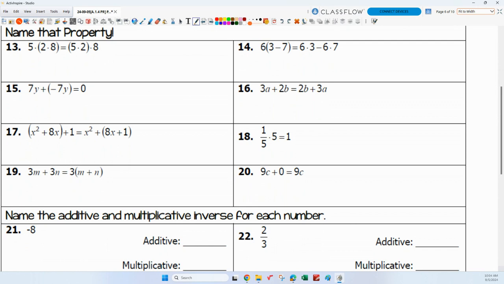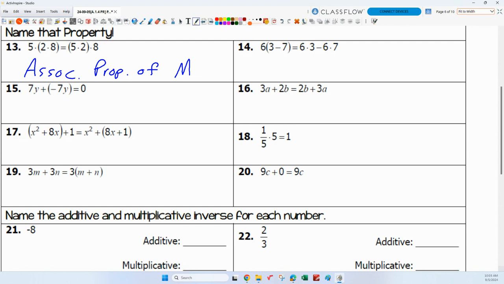Associative property of addition or multiplication. There you go. That's it. Associative property of multiplication. Good?